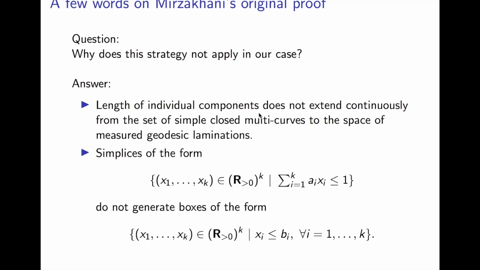And a second, maybe more conceptual idea is that Mirzakhani is counting with respect to these L1 simplices, and we want to count with respect to these L infinity boxes. And one can see, just measure theoretically, that these sets do not generate the boxes of this form. So you should not expect to be able to get information about this just from knowing what happens on simplices. Yeah. So that's just to give some idea of why we need new ideas.